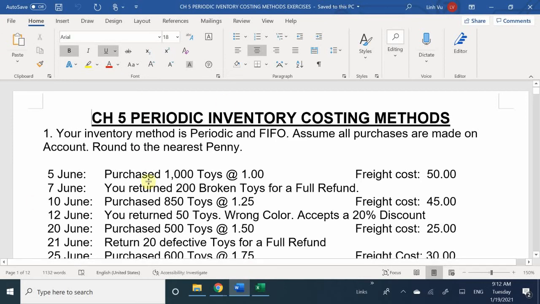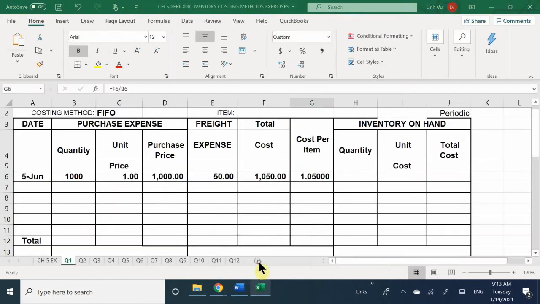If I returned 200 broken toys for a full refund, how much did it cost me to purchase the items? $1. You don't include freight because you can't return freight.